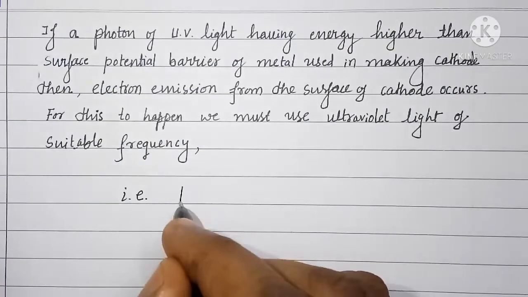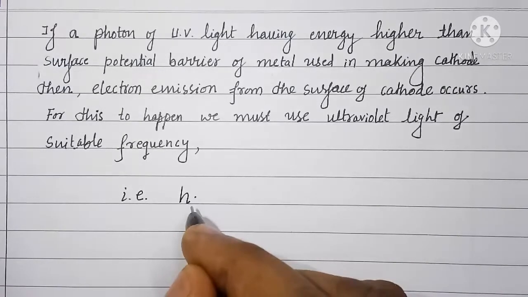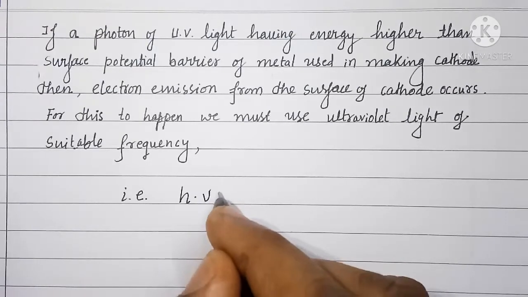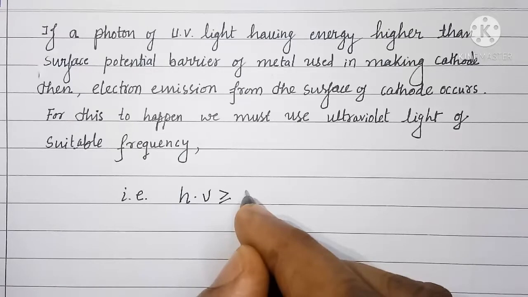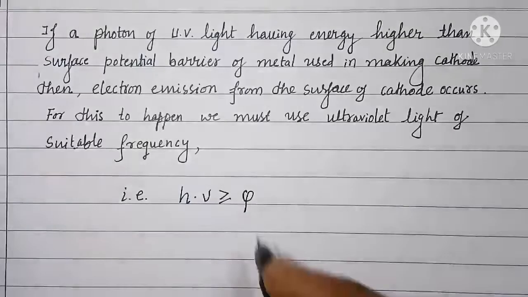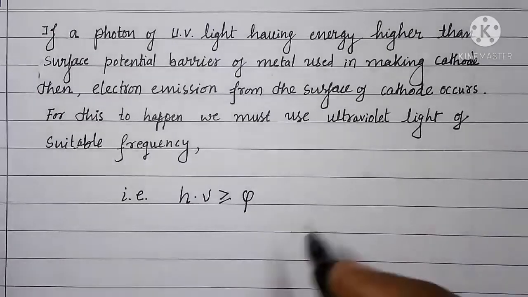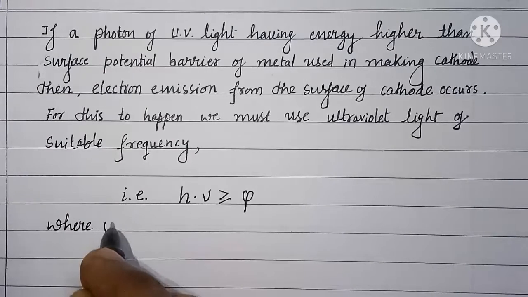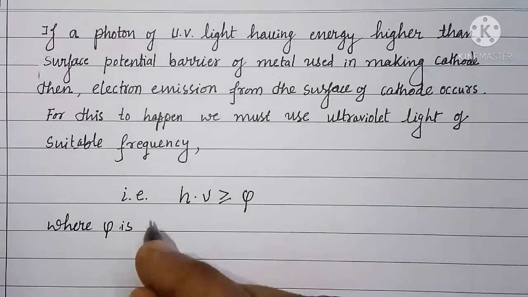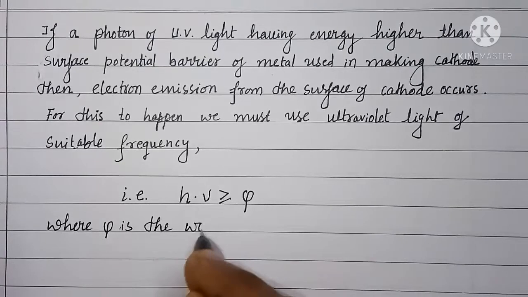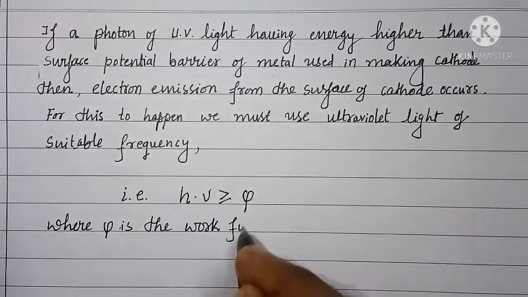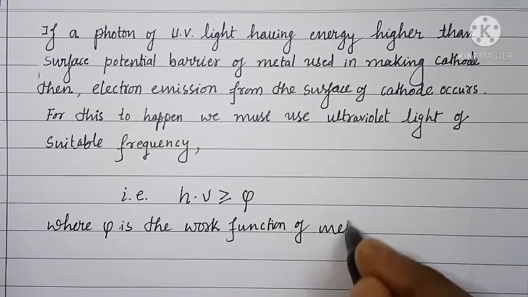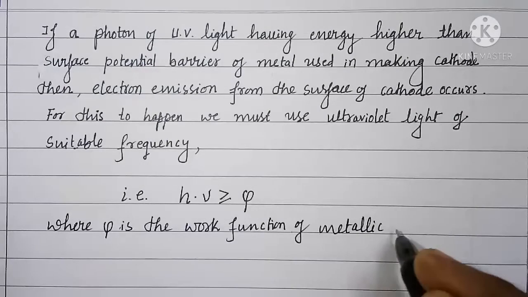That is, Planck's constant into nu must be greater than or equal to psi, where psi is the work function of the metallic electrode.